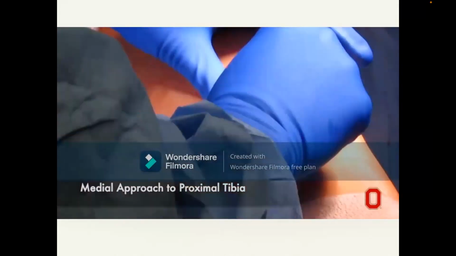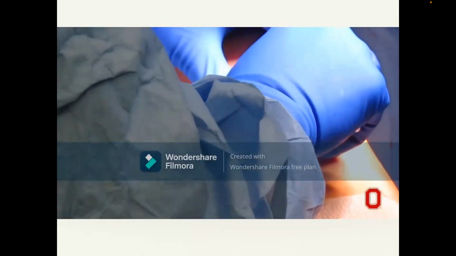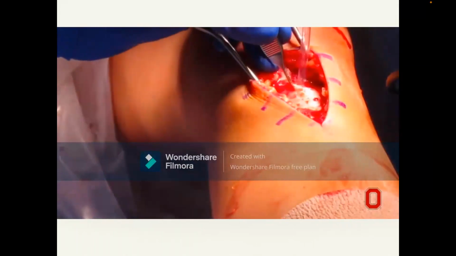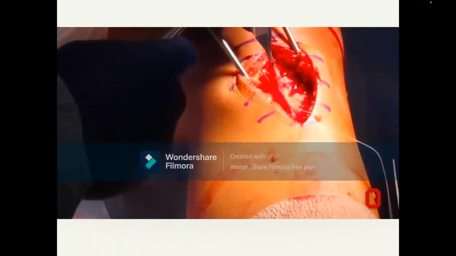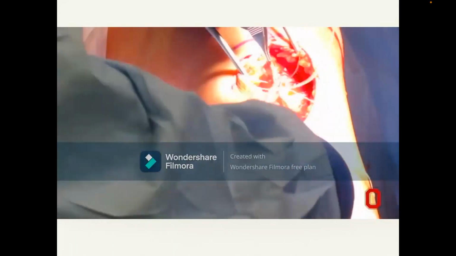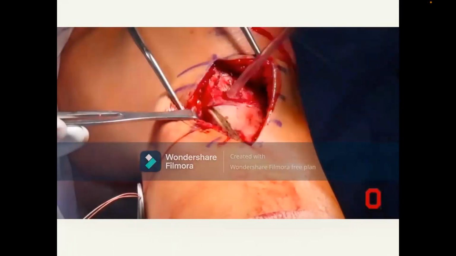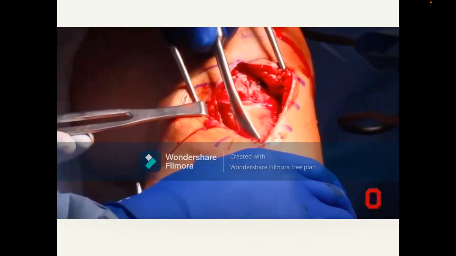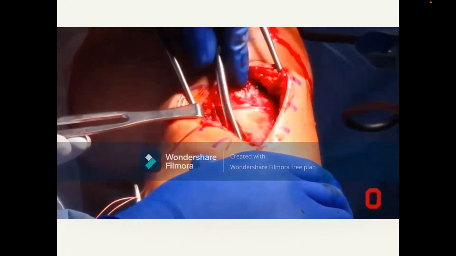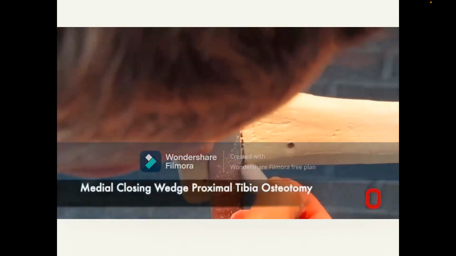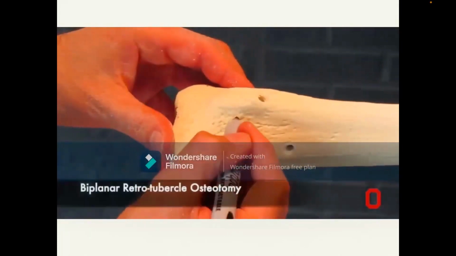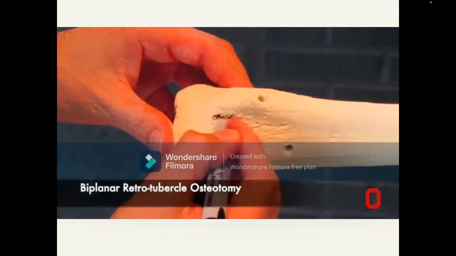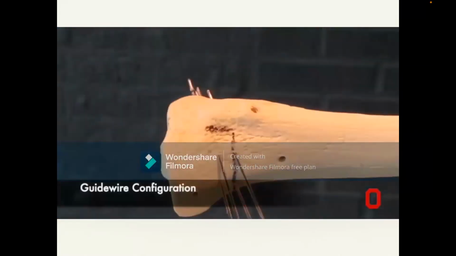Then the sartorius fascia is split under the upper border, and the pes is identified and elevated from the tibia and is tied. Then the superficial MCL is split from the portion of the proximal tibia. Now the marking is done for the tibial correction for closing, and this is biplanar.